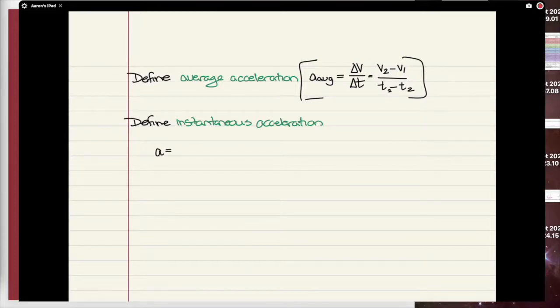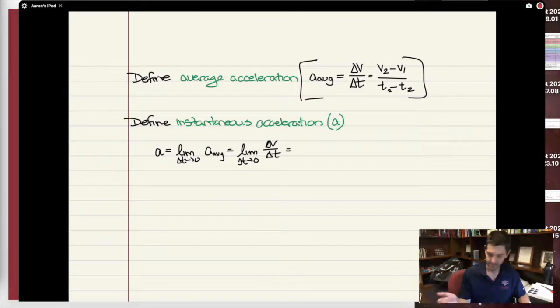So A, which is going to be the instantaneous acceleration, we're going to define as the limit as delta t goes to 0 of the average acceleration, which again is just the limit as delta t goes to 0 of delta v over delta t, which before, for velocity, we called the derivative of position, and for acceleration we call it the derivative of velocity.